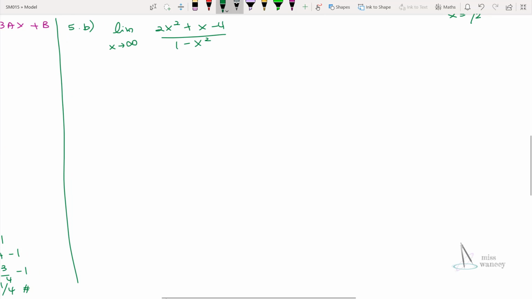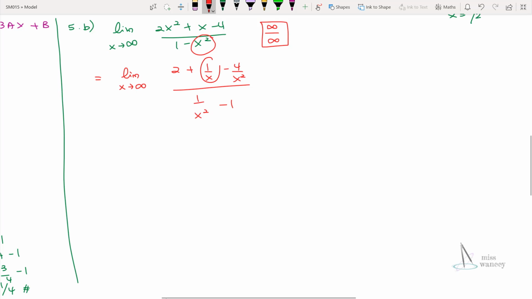Okay, so again, if you try to substitute with infinity, you are going to end up with infinity over infinity. So divide by the highest power of the denominator. In this case, the highest power of the denominator is x squared. So it will become the limit as x approaches infinity of 2 plus 1 over x minus 4 over x squared, over 1 minus 1 over x squared.